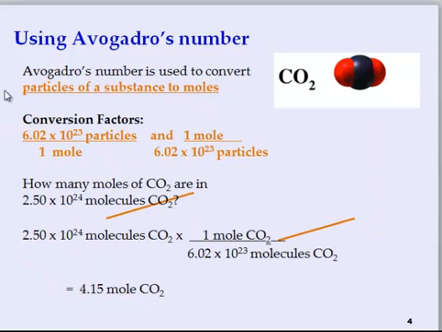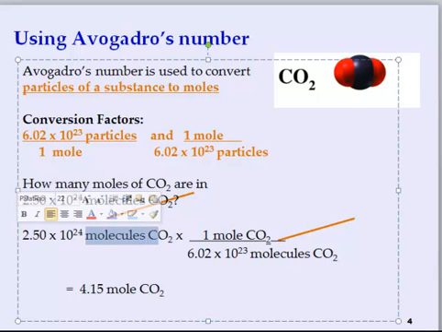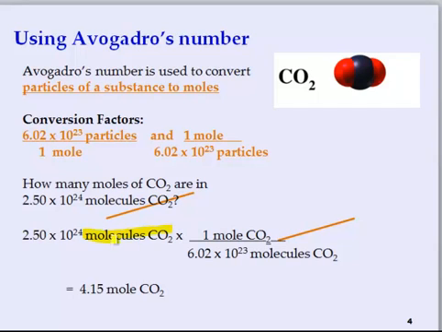Now, using Avogadro's number, we can also convert particles of substances to moles. So, for example, a question reads: how many moles of carbon dioxide are present in 2.50 × 10^25 molecules of carbon dioxide? Notice I've done the same thing. I've got my molecules up here, and I've got my molecules on the bottom.